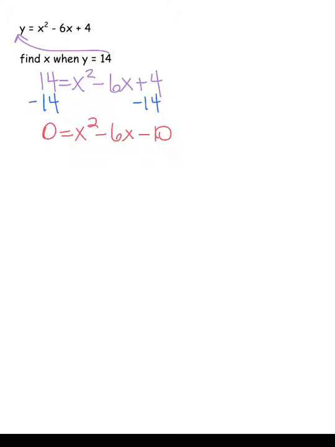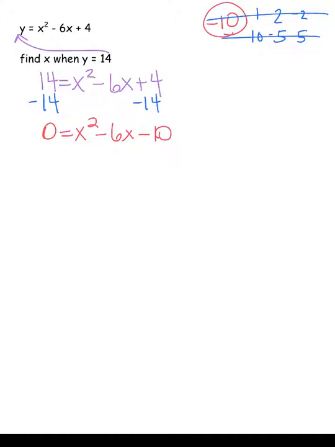AC method, give it a try. 1 times negative 10 would be negative 10. Are there numbers that multiply to negative 10 and add to negative 6? 1 and 10, nope. Nowhere I put the negative will work out. 2 and 5, nope. If I put the negative on the 5, I get negative 3. If I put the negative on the 2, I get positive 3. I can't get a negative 6. So, nope.